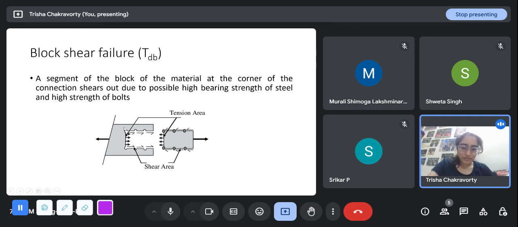The plate itself is not failing, the bolts are not failing, but this entire region outlining the bolts just shears out. This can happen when the steel and bolts are too strong, and there is a corresponding formula for it. The plate here is intact, the bolts are intact, everything is intact, but along this line as a whole, it shears out. This is called block shear failure.